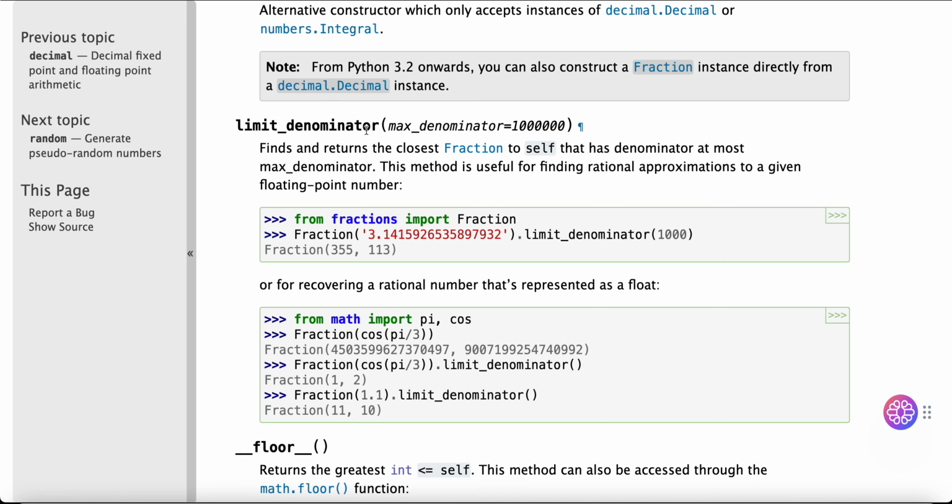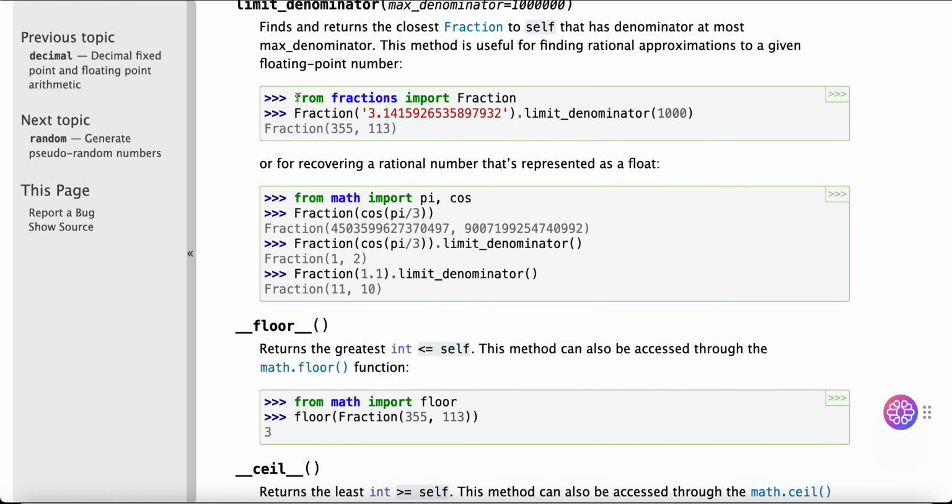limit_denominator(max_denominator=1000000). Finds and returns the closest Fraction to self that has denominator at most max_denominator. This method is useful for finding rational approximations to a given floating point number. From fractions import Fraction.